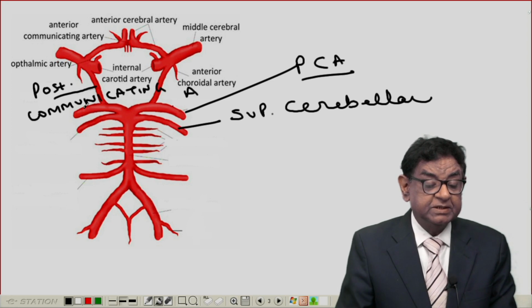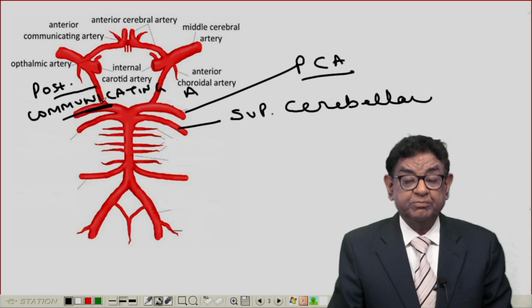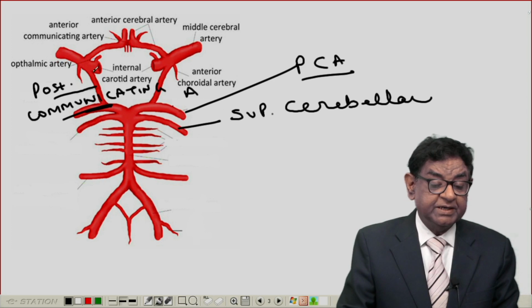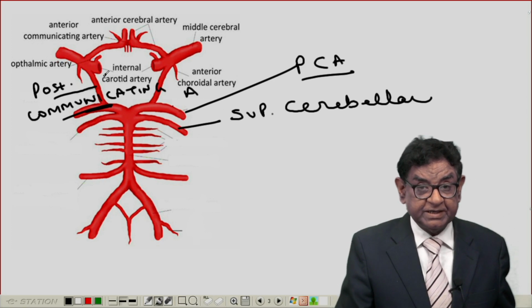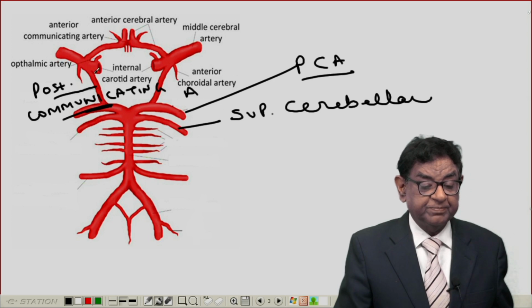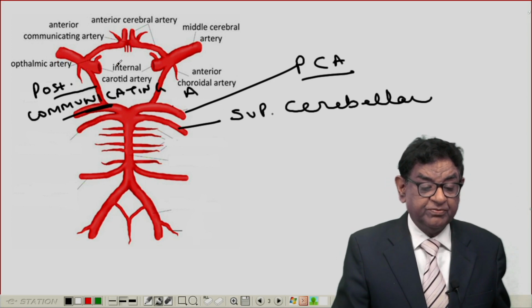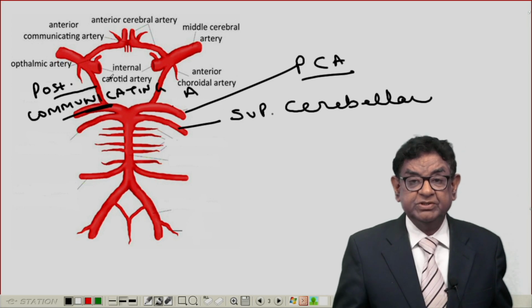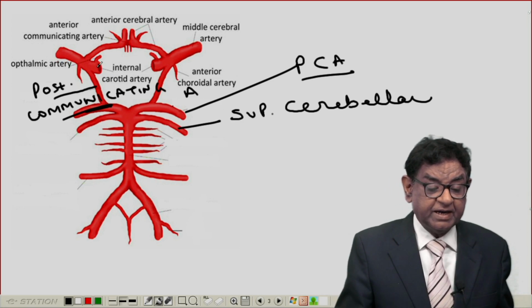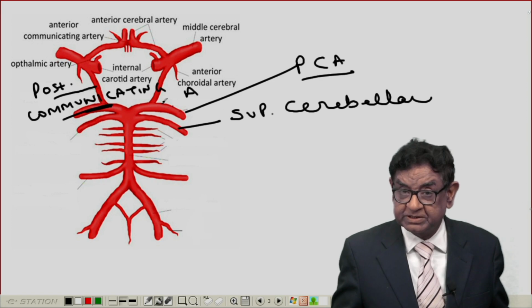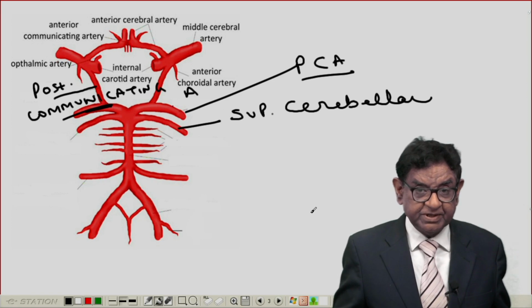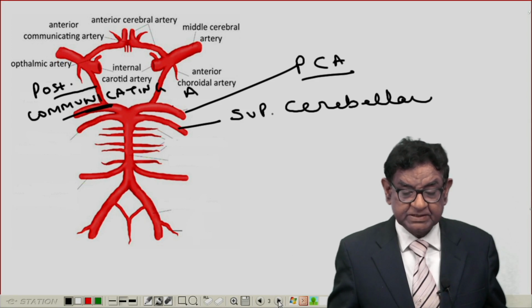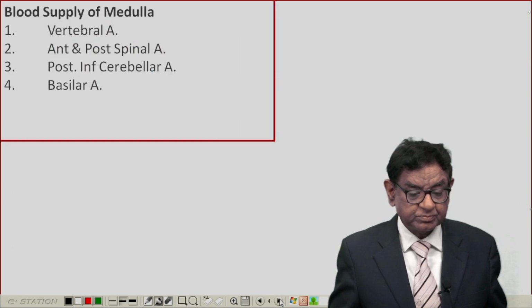By this, posterior circulation is connected to the anterior circulation, that is via the internal carotid artery. In fact, the posterior communicating artery is a branch of the internal carotid artery which unites the internal carotid artery to the posterior cerebral artery. So this is the anatomy. These are the arteries which are going to supply the brain stem. This artery we will be talking about.